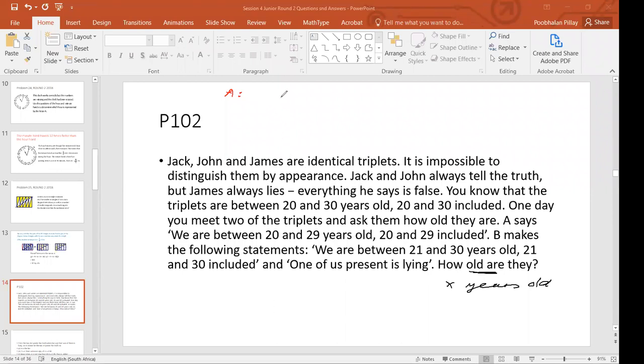If you put that in mathematical terms, it means your age, your X, is between 20 and 29. X is a number which is smaller than 29, but bigger than 20. This part says bigger than 20. This part says it's smaller than 29. It's between. But it also says 20 and 30. I'm sorry.